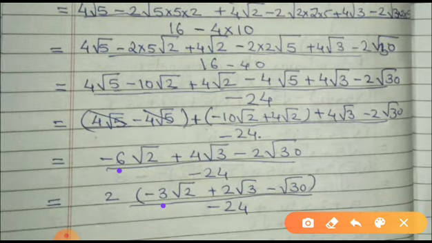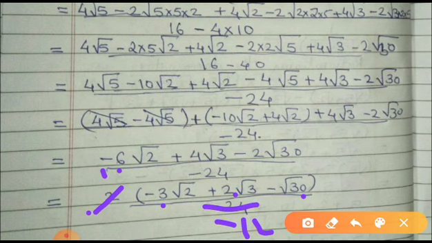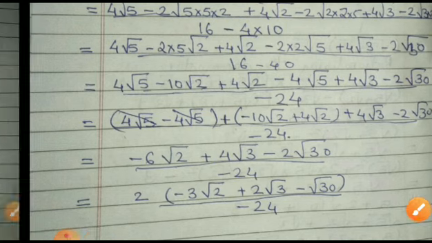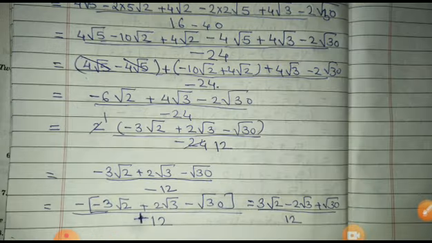So it is minus 3 root 2 plus 2 root 3 and then minus root 30. So now 2 ones are 2 and 2 here, minus 12. 2 12s are 24 and negative 12. But we don't want negative down, so we can write that in the numerator. Okay. And this will be the last answer.